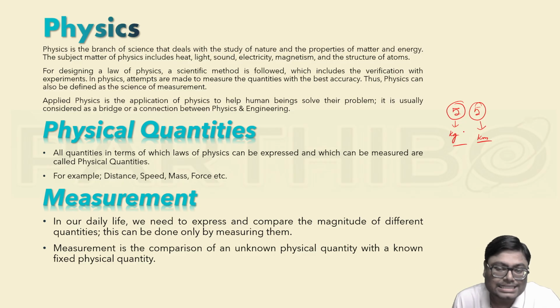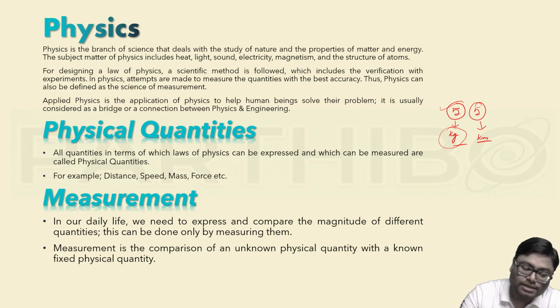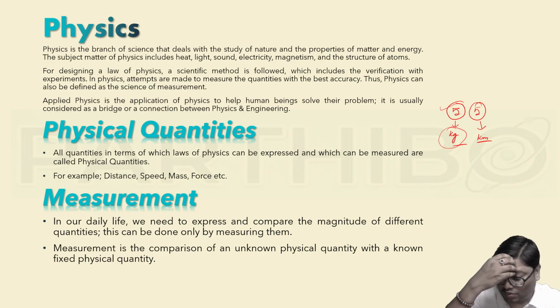The answer is no. We are never able to compare a mass with a distance. So the number is very important, and the unit is also very important here. Why we need units will come later.